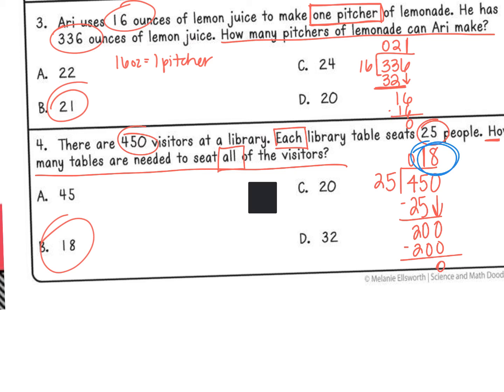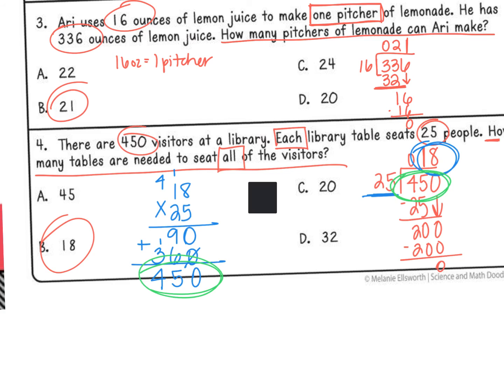So you're going to take your answer that you got, you're going to multiply it by the divisor, 2-digit by 2-digit multiplication. And this should match what I started with. If it does, you know you got the right answer. I don't have to add the remainder. If you have a remainder, you have to be sure you add that back. Very good.